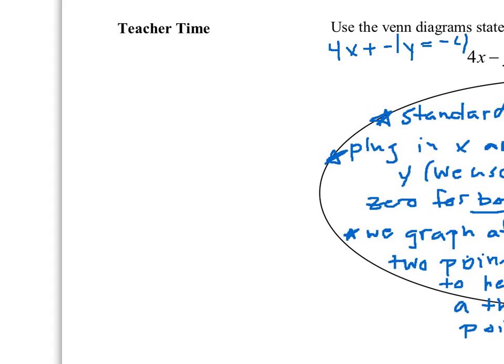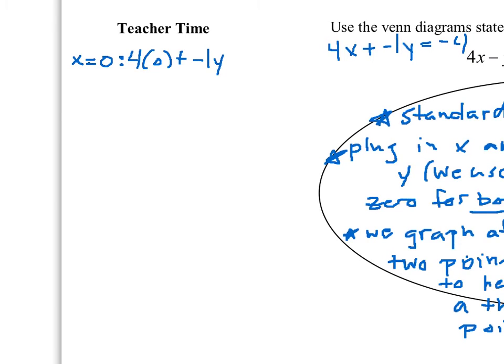So let's go ahead and come over here, and we're going to plug in our first point, which is x equals 0. So that's 4 times 0 plus -1y equals -4.